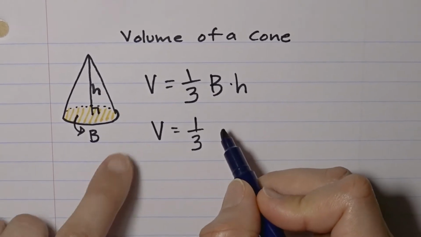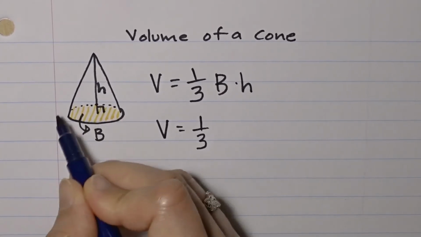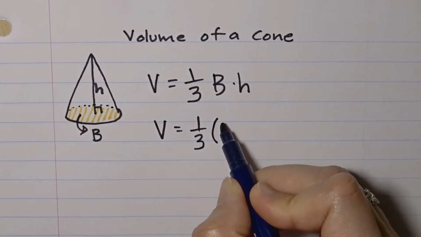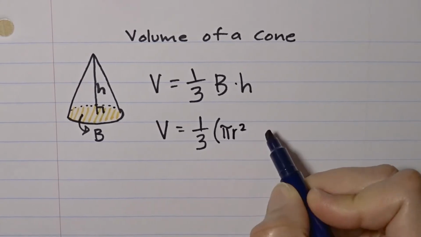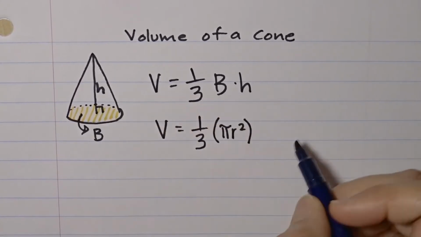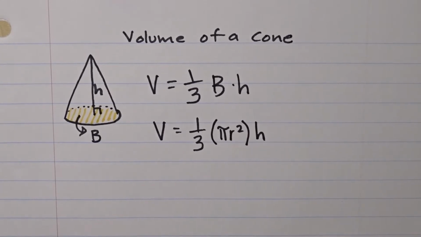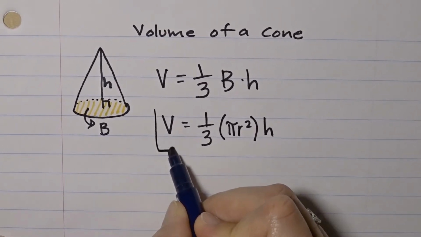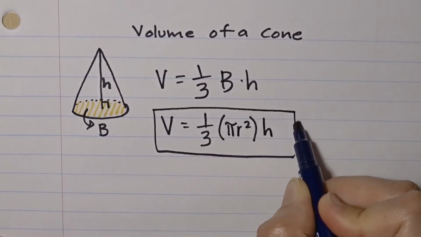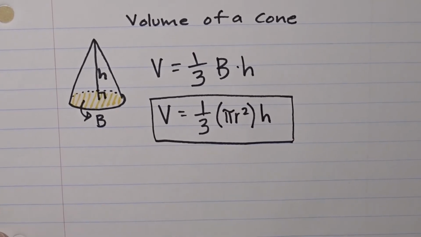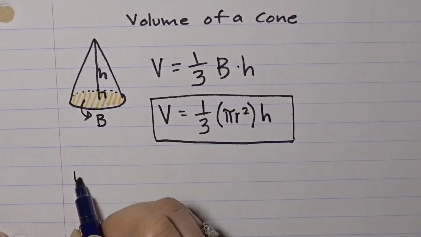So the base would be that same circle, which we now know is the area of a circle, and the height, whichever the height of the cone is. So this is going to be the formula we use. Okay, and now let me show you what an example looks like using that formula.